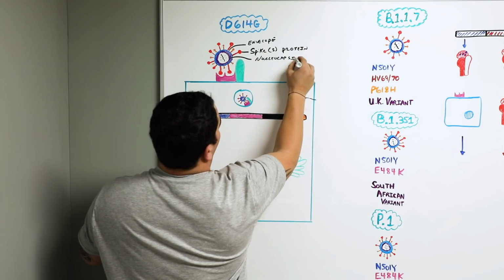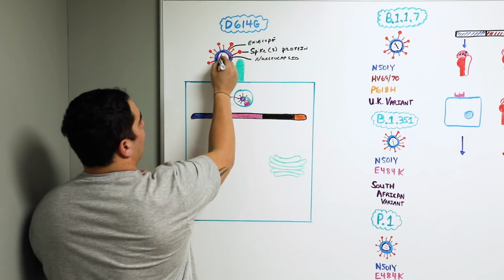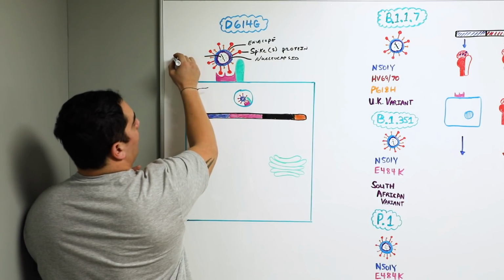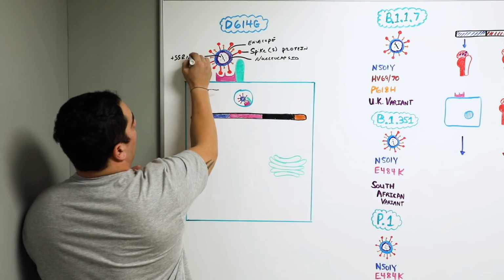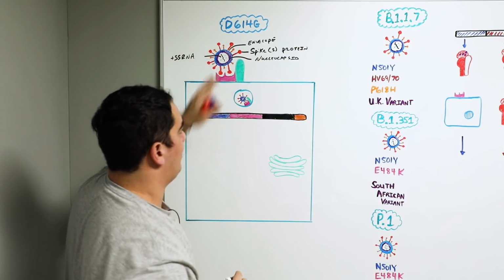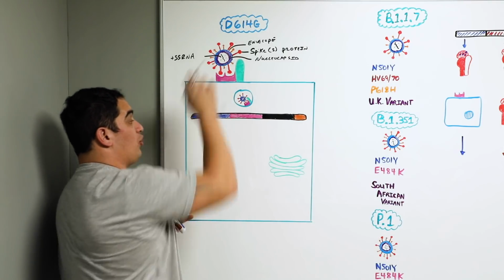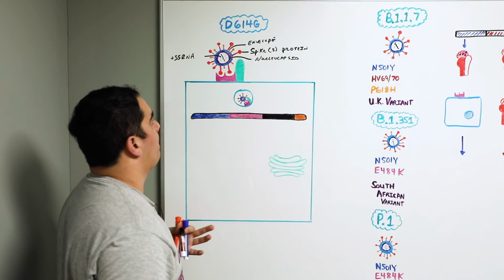Inside of that nucleocapsid is going to be the genetic material, and in this case, this is RNA. Particularly, we call this single-stranded RNA, and it's a positive sense single-stranded RNA that we see inside of the original SARS-CoV-2 virus, the one that was primarily responsible for the global pandemic.